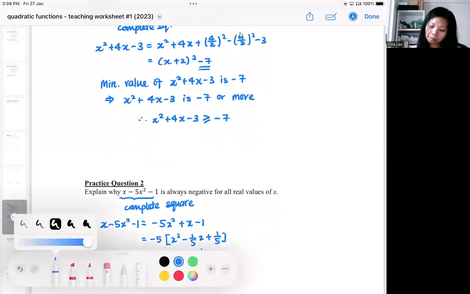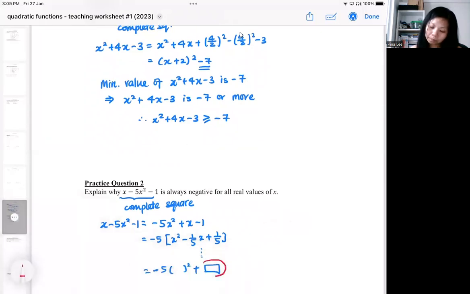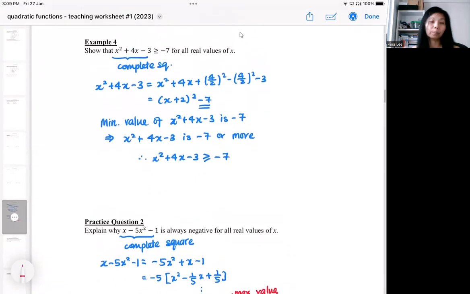This is the maximum value. See whether it helps you to explain why it is negative. Give it a try for this practice question.